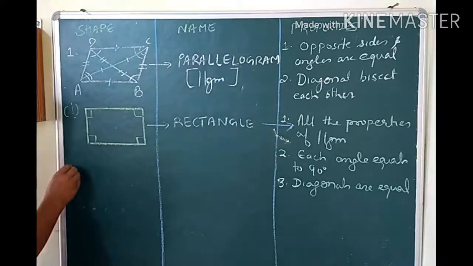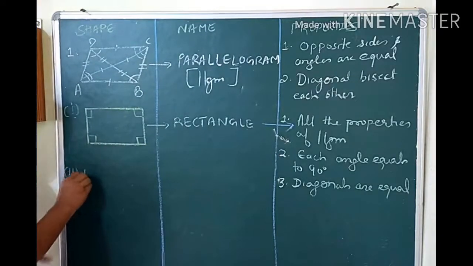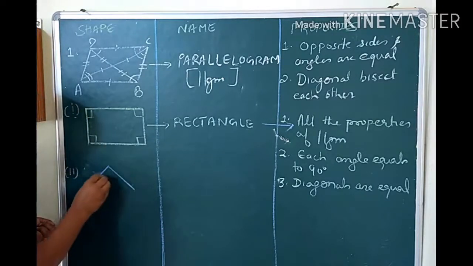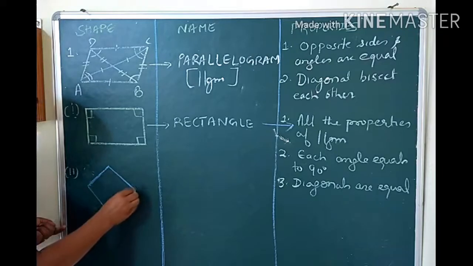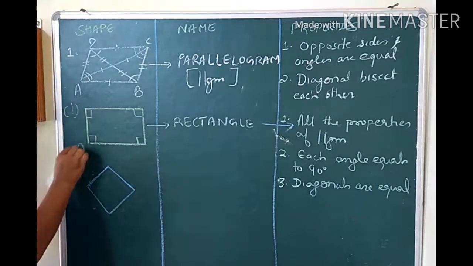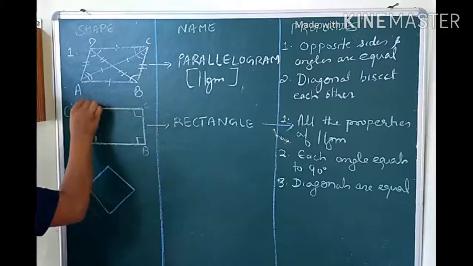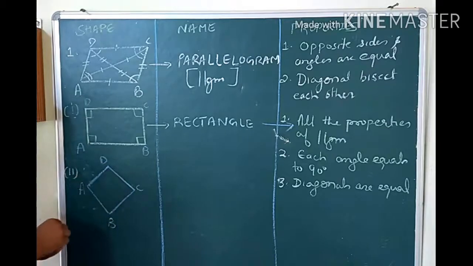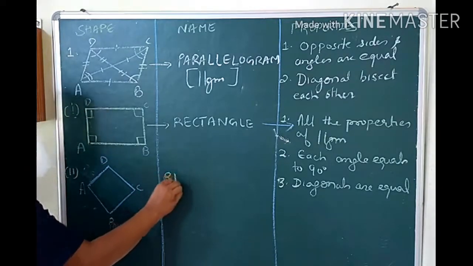Next type is rhombus. Now children, this figure is a rhombus.